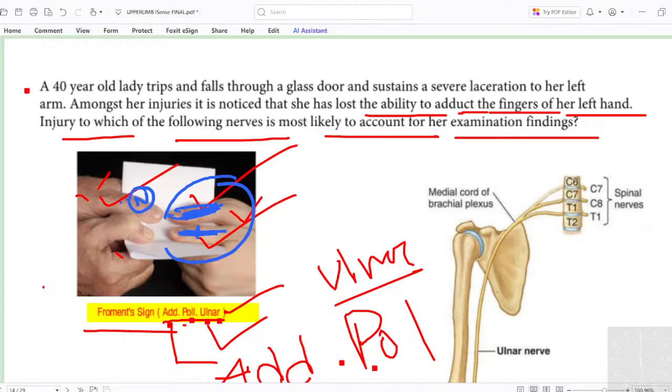Adductor pollicis is supplied by the ulnar nerve. But doctor, in the question it says that she has lost the ability to adduct the fingers. Adduction of the thumb is done by the adductor pollicis.